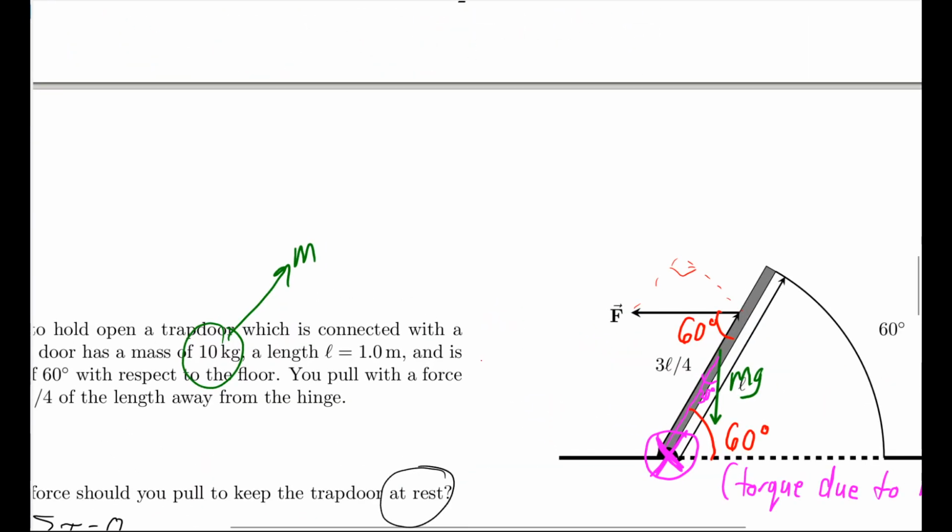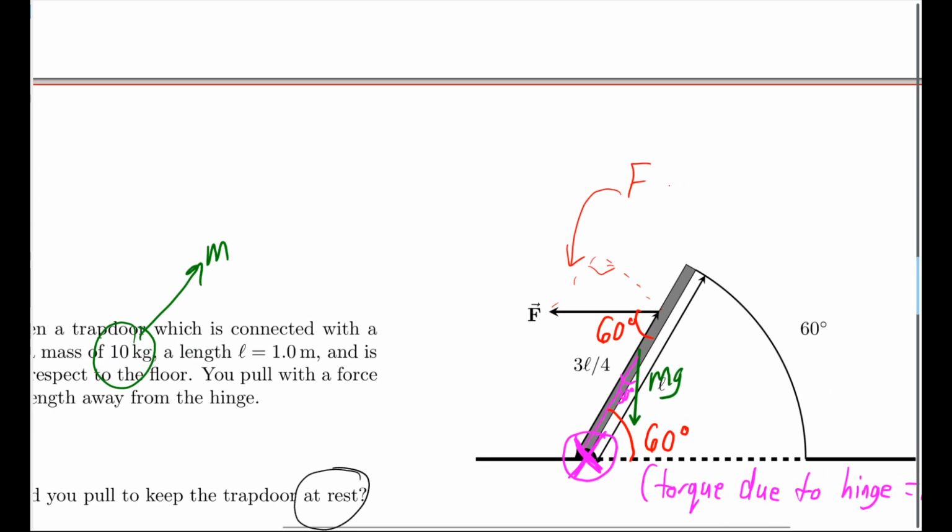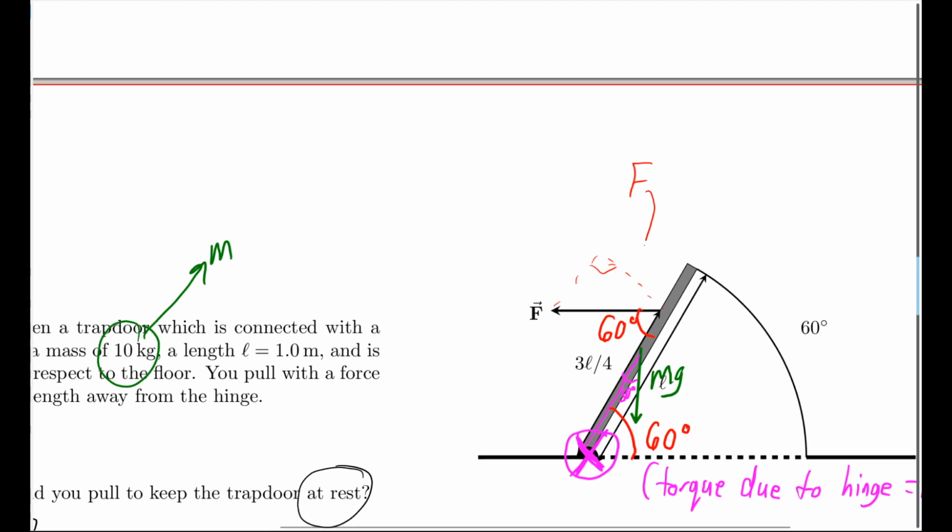So we were calculating the perpendicular component of that force. That's this one. So this is F times, let's see, if that angle is 60 here, whoops, I was confused. The perpendicular component, the one perpendicular to the rope, or to the radius vector, is this one.